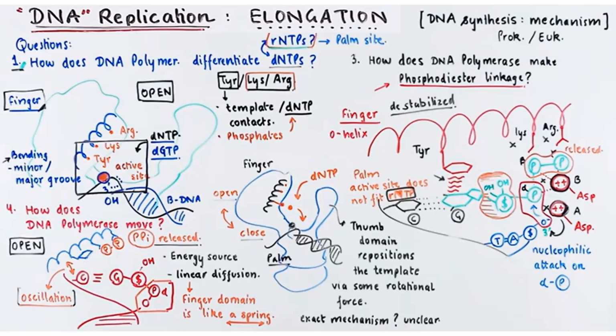This will further destabilize the stacking interactions if the polymerase tries to work with it, and all these contacts can lead to the RNTP being destabilized and kicked out of the reaction. So in contrast, the DNTP is discriminated by the finger domain and the RNTPs are sampled by the palm region.